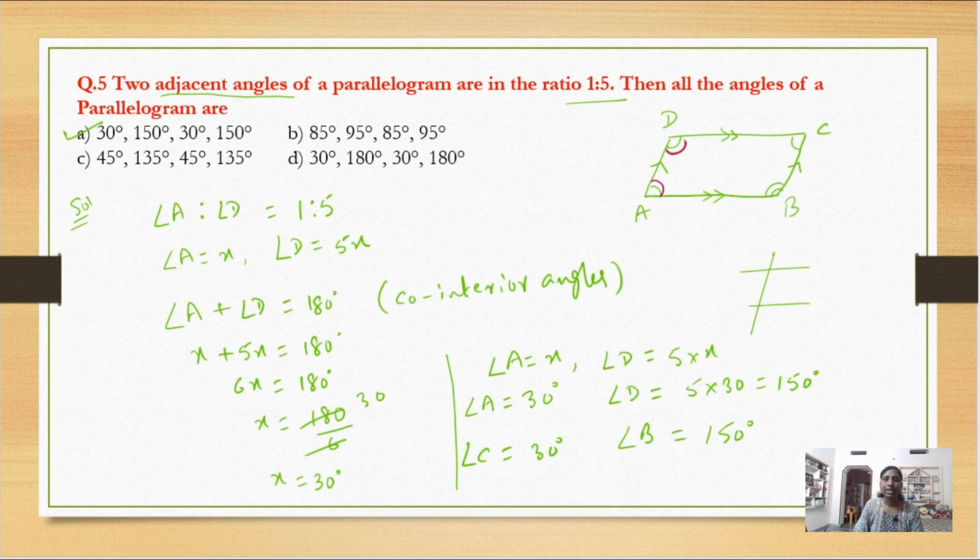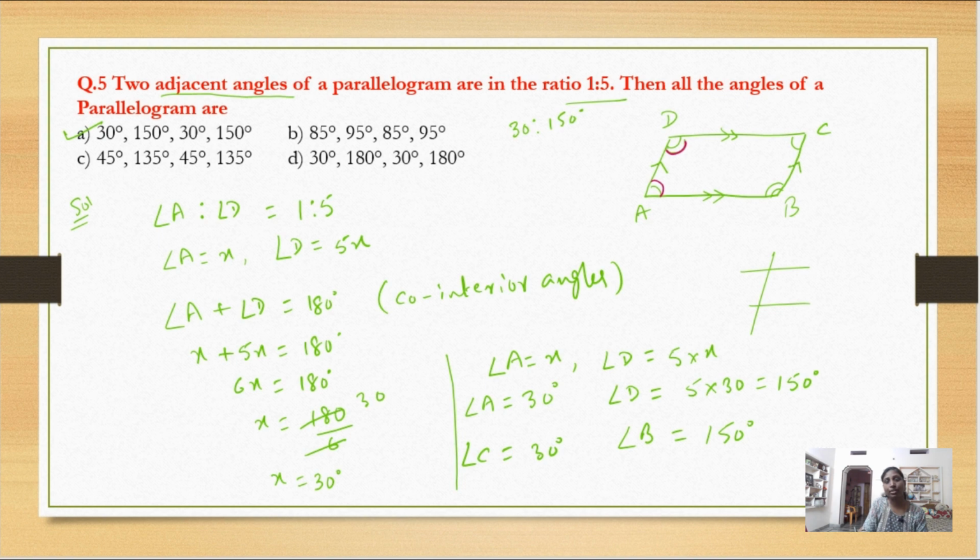Otherwise, there is no need to solve in this way. There is a short trick to solve it. Let us check each and every option. First we will check option A. So what is the ratio here? 30 is to 150.